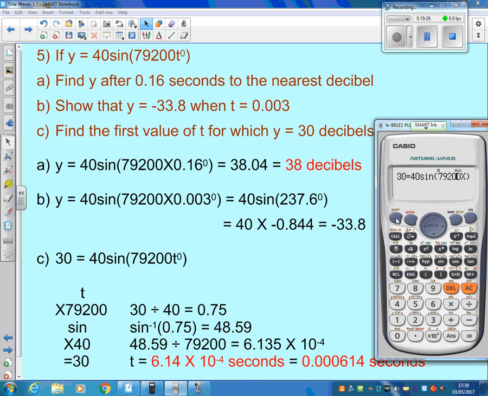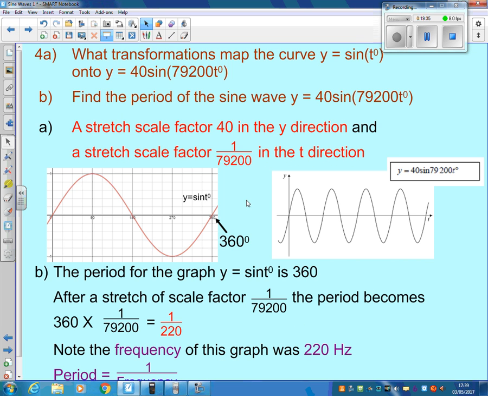Now, I want to do shift solve on it, but before I do, I realize that for the first value, I'm very, very near the start. So I'm very near to x equals 0. To make sure I get this one and not one of these other points that are level with it, because anything level with 30 is going to work, I want the first one, the one nearest to 0.